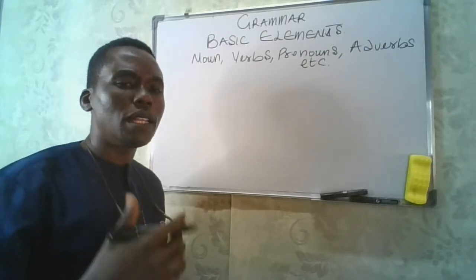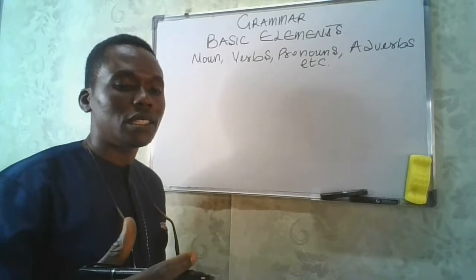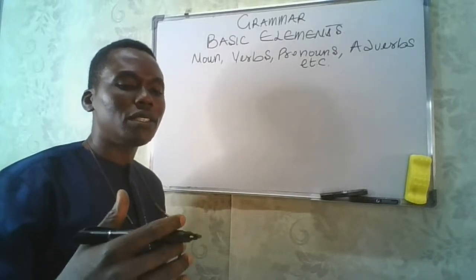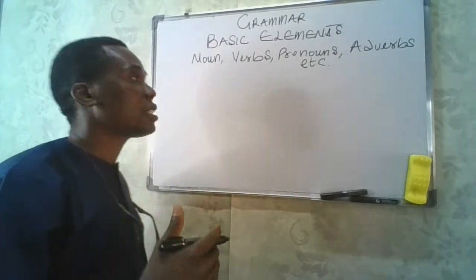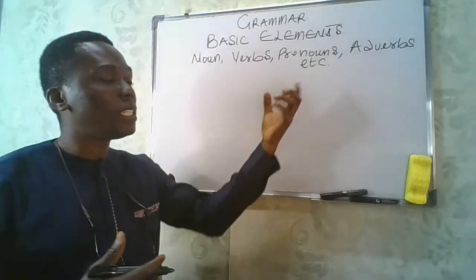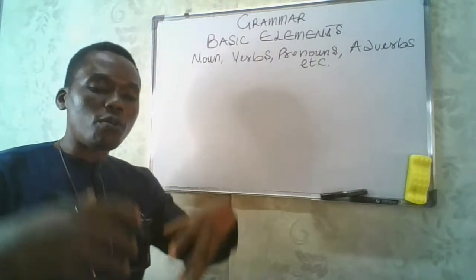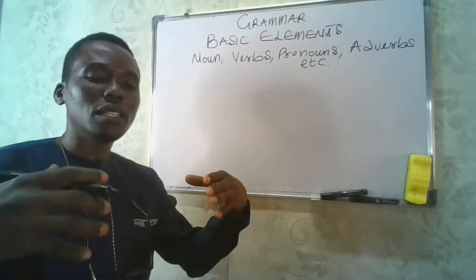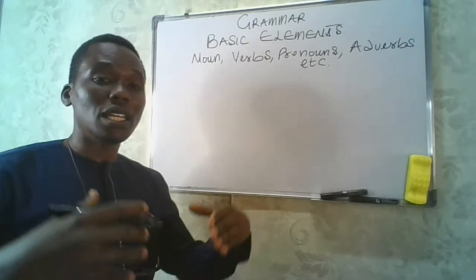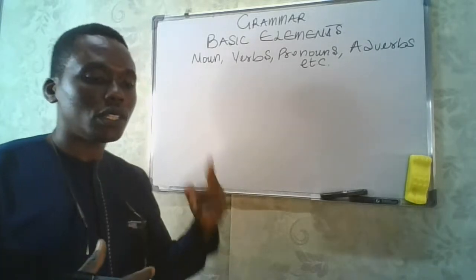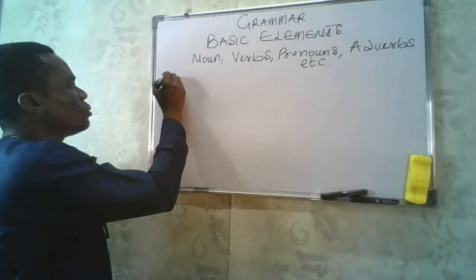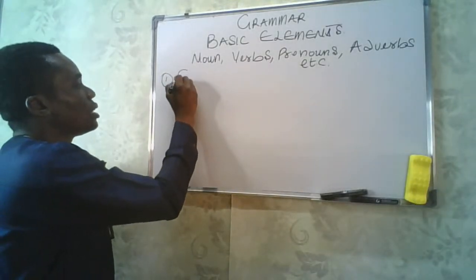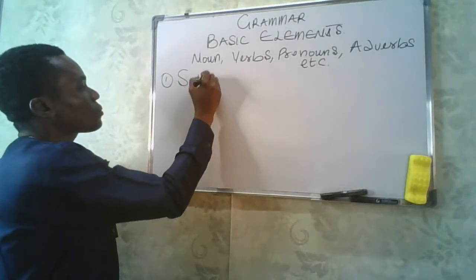Now, to form an English clause or sentence, the following element should be present. Apart from these parts of speech that are parts of the sentence itself or clauses of a sentence, this element should be present in any sentence or clauses. One of those elements is the subject.